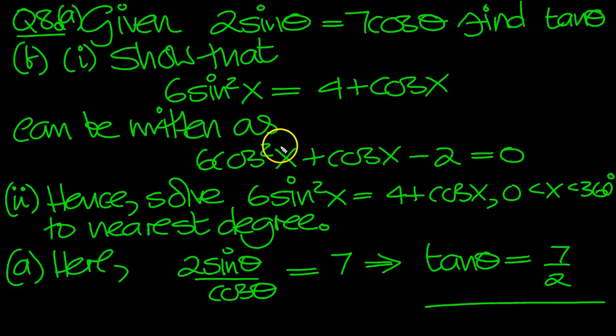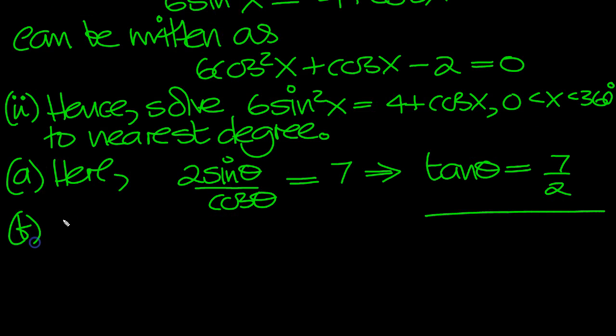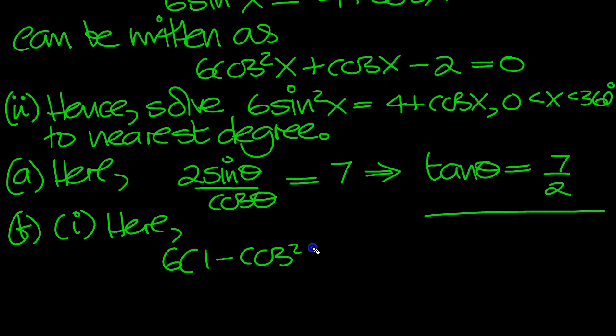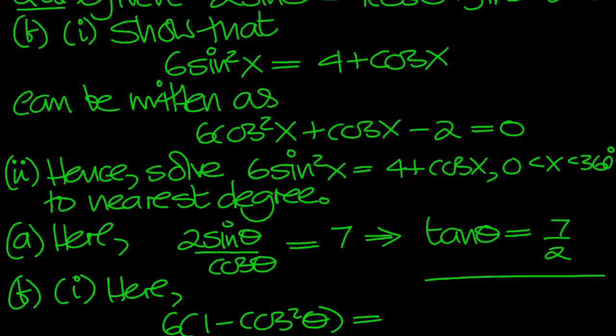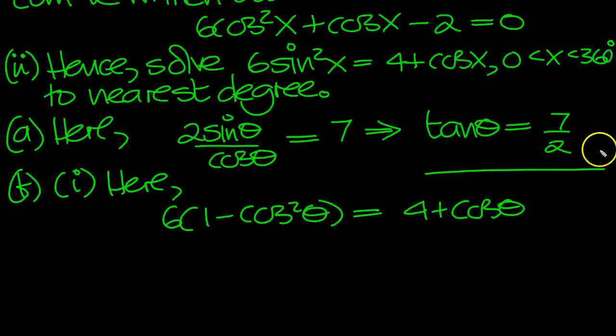Part B, show that this can be written as this. So here, B part 1. 6 sine squared, which we can write as 1 minus cosine squared theta, is equal to, okay, what have we got then? 4 plus cos theta. Now we'll move everything onto the same side. So the minus 6 cos squared theta, move that over, and we get 6 cosine squared theta.